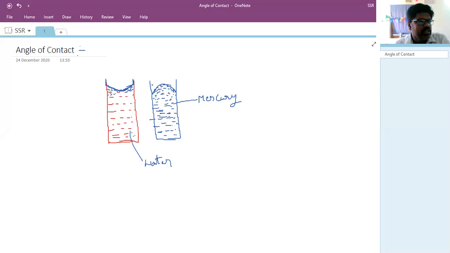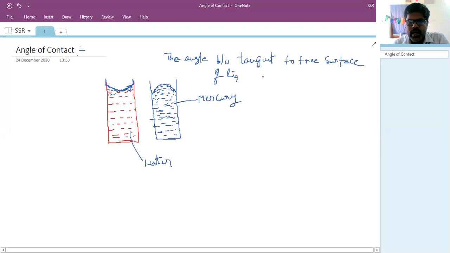Now the angle of contact is defined as the angle between the tangent to the free surface of the liquid and the solid surface inside the liquid.